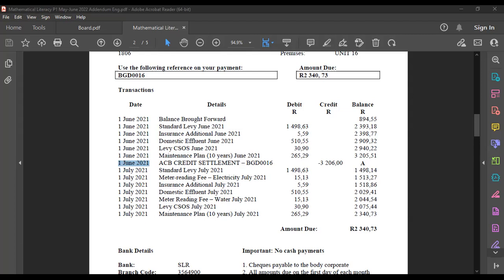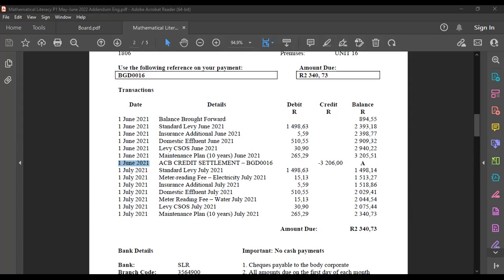Calculate, rounded to two decimal places, the standard levy for June 21st as a percentage of the amount due on the statement. Take note, whenever we are looking for a percentage, we need a fraction, and after getting that fraction, we always multiply by 100. How do we create this fraction?